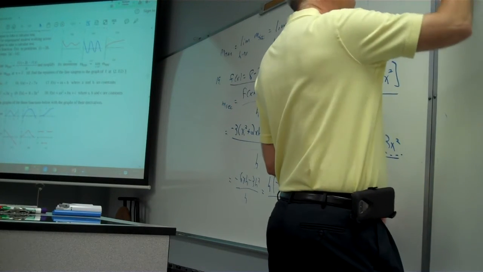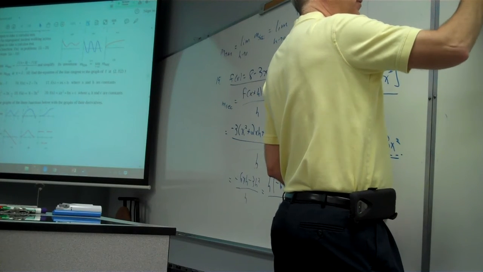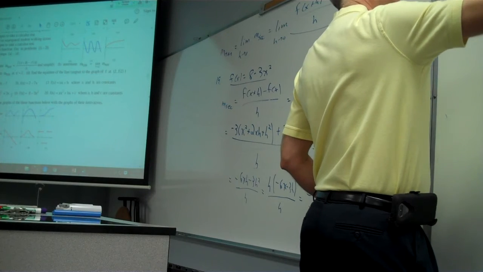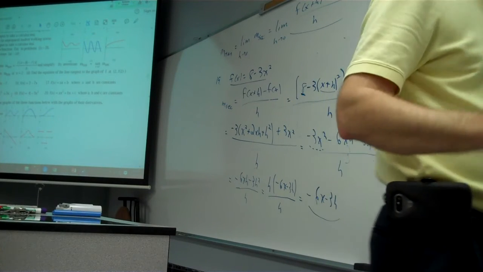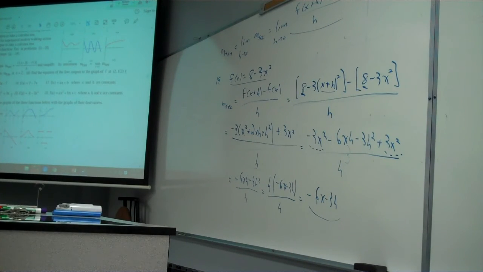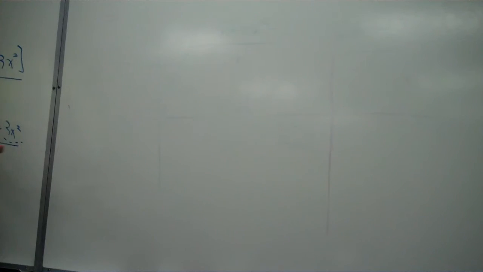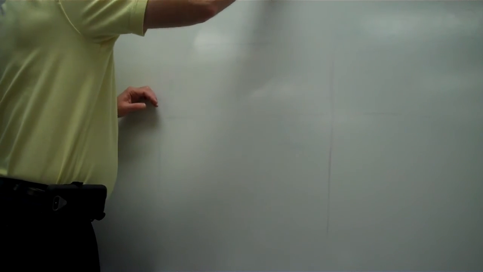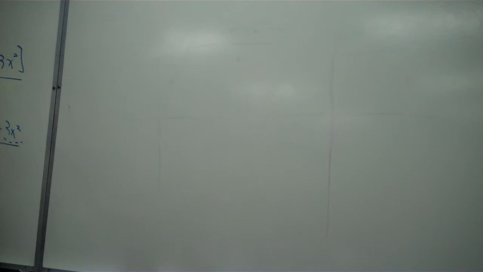Then we want to look at, okay, what happens to the limit as h approaches 0 of that? As h gets really, really close to 0, the minus 3h goes away, and we just have minus 6x.